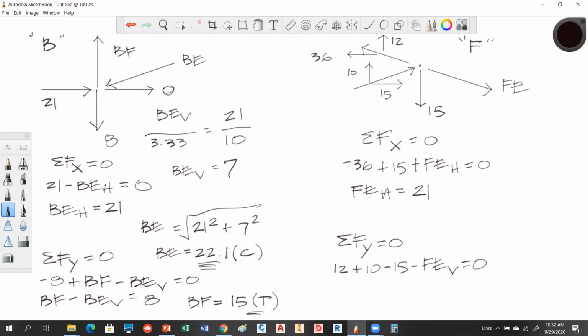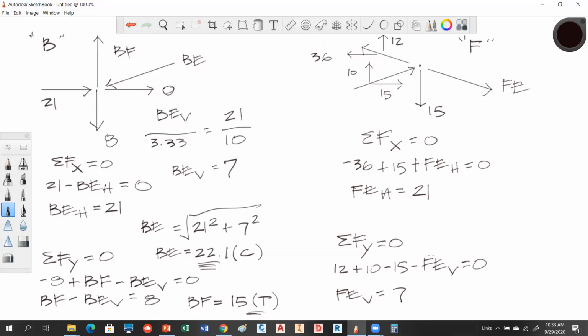So we're going to get 10 plus 12 minus 15. That gives me 7. That's what I came up with. So I get a positive 7 comes over as a negative 7. So you have a negative on both sides. So you get 7 and 21.